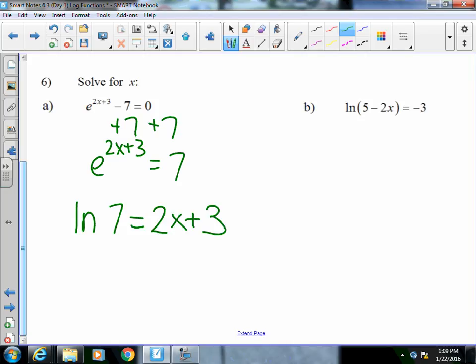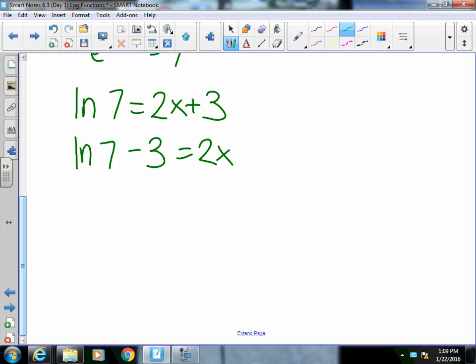And to solve this for x, ln of 7 minus 3 equals 2x, which means that x equals ln of 7 minus 3 all over 2. And do not put parentheses around that 7 minus 3. Only the 7 is in the natural log. So ln of 7 minus 3 over 2, and if you needed a decimal, you could put that in your calculator.